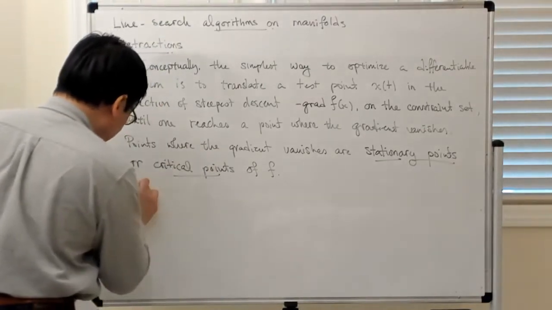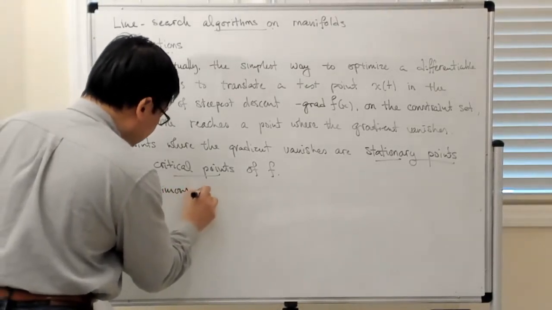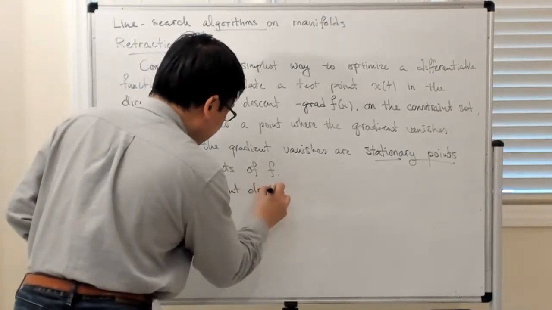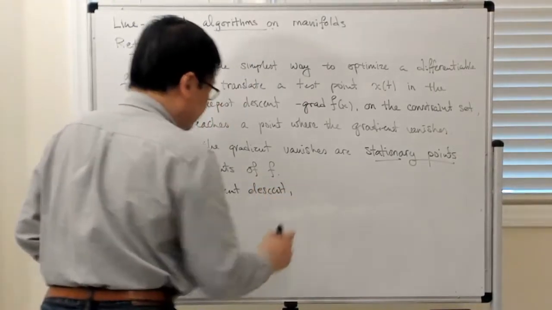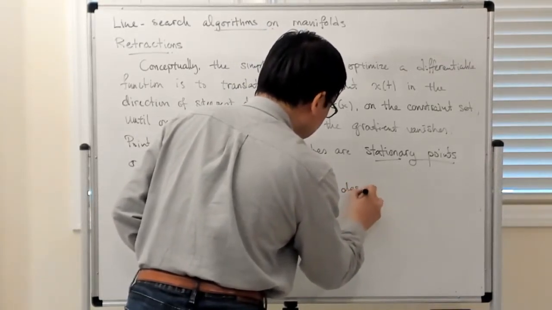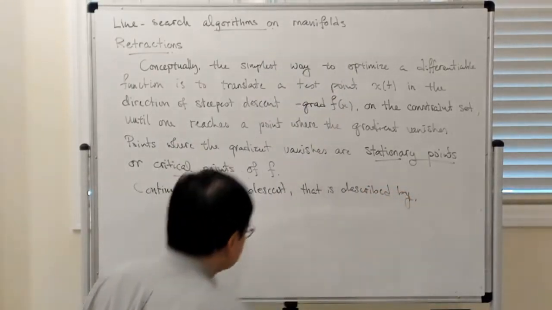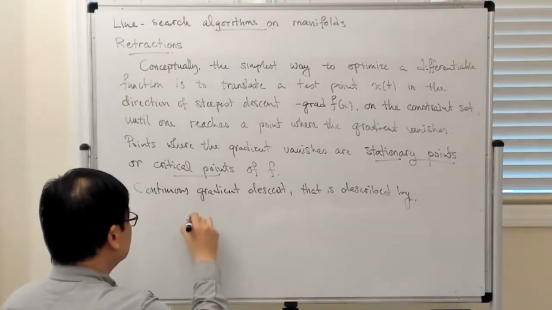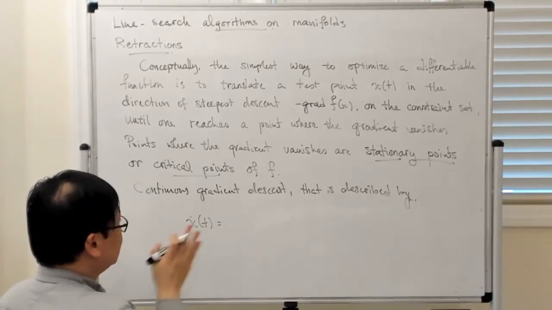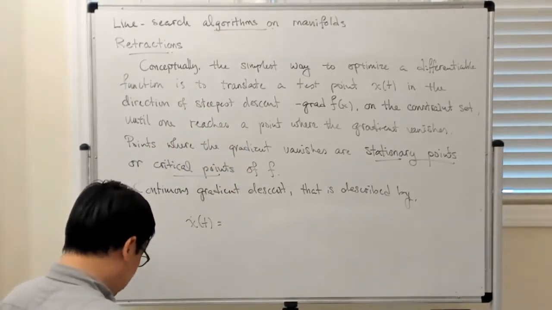So if you have continuous gradient descent, that's described by the following equation, which is that x dot at t is equal to, so at every point you want x dot to move in the negative gradient direction.